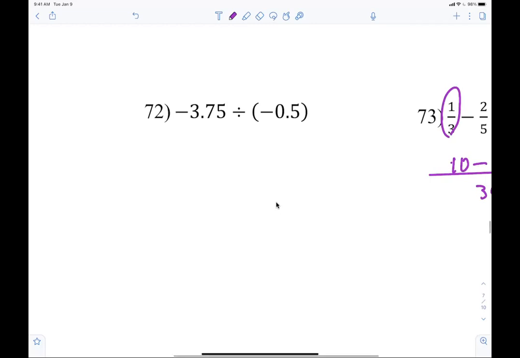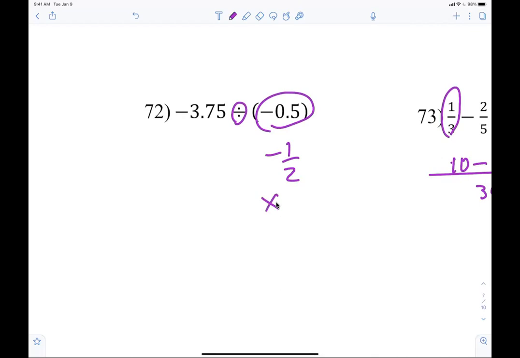All right, division. I don't really like dividing by decimals. So immediately the first thing that came to mind was that negative 0.5 is the same as what? Negative 1/2. So if I divide by negative 1/2, that's the same as what? Multiplying by what?